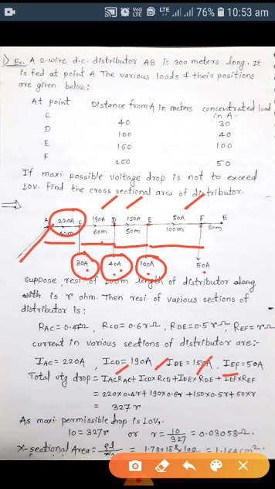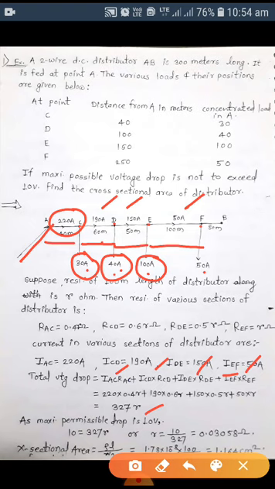In section DE, IDE into RDE. In section EF, IEF into REF. In this way, we can find out the total drop over the distributor. Now by putting all the values, 220 into 0.4 R plus 190 into 0.6 R plus 150 into 0.5 R plus 50 into R, that is equal to 327 R. That will be the total voltage drop over the distributor AB.